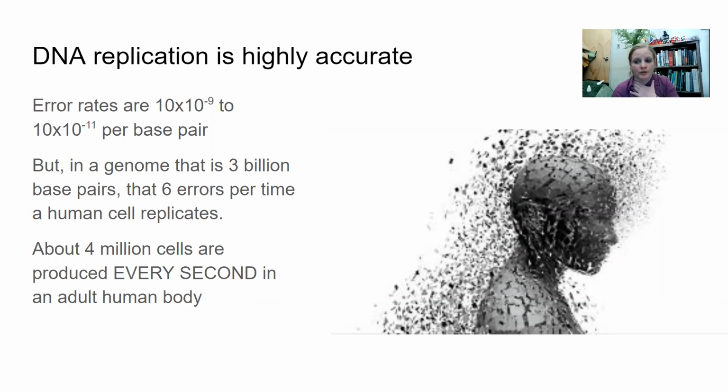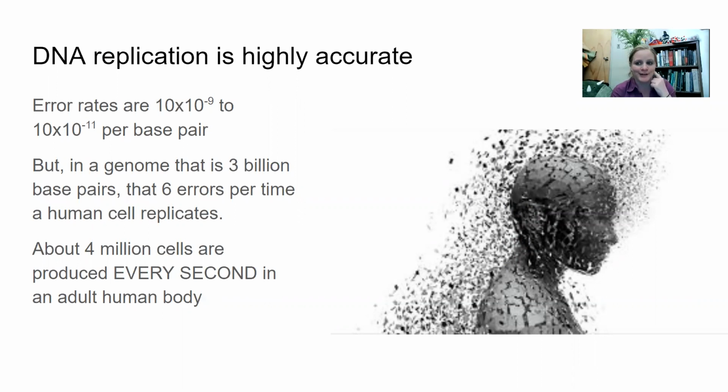Human genomes have about 3 billion base pairs. So if we math that out, every time one of our cells replicates, there are 6 potential errors in that new copy of the cell.